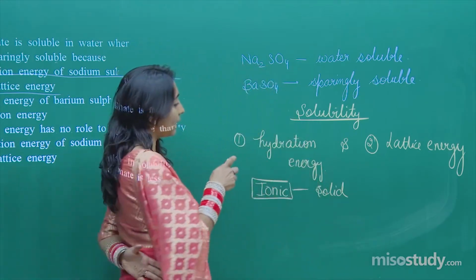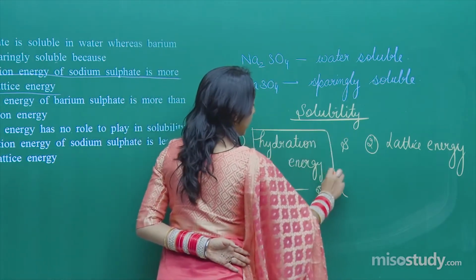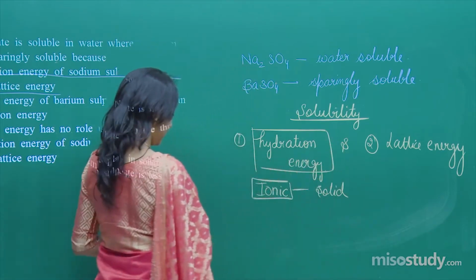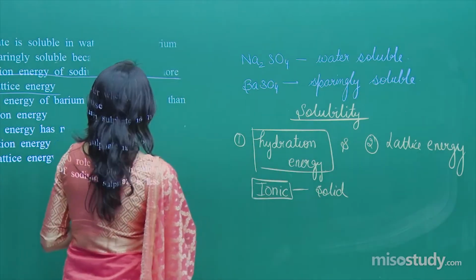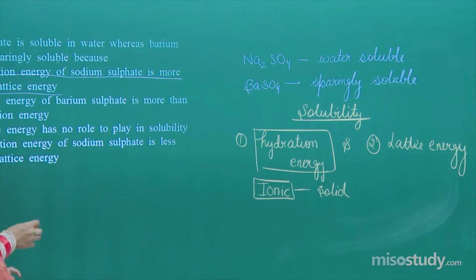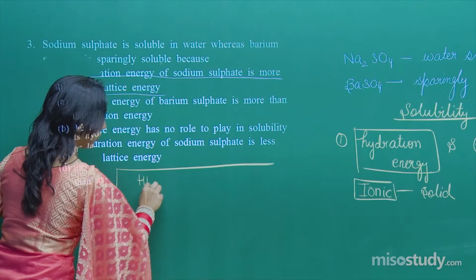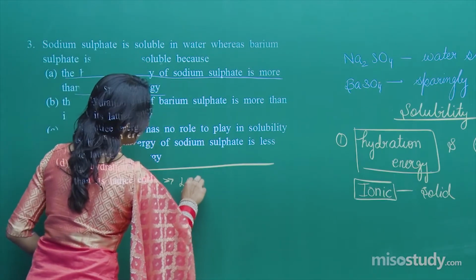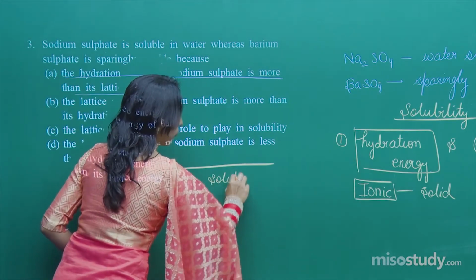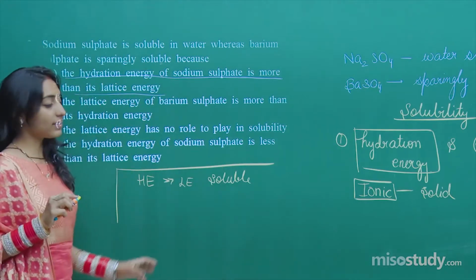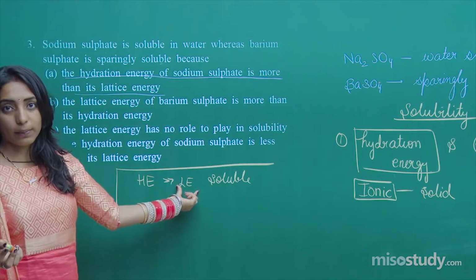So let me now write it down here. If hydration energy will be more than lattice energy, I will say the compound will be soluble, right? Lattice energy is the energy required to break a compound.